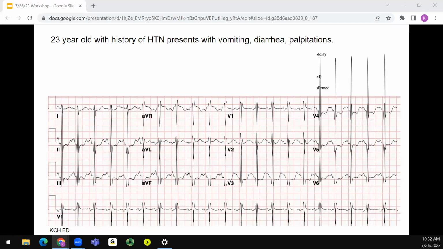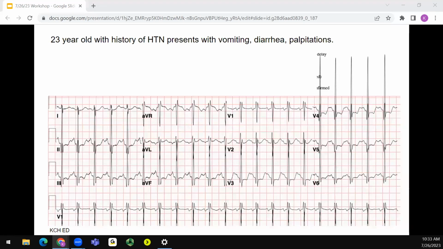Actually, sure, let's do this one. 23-year-old with vomiting, diarrhea, and palpitations. What's the rhythm here?